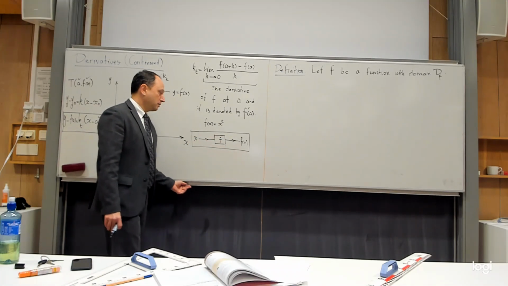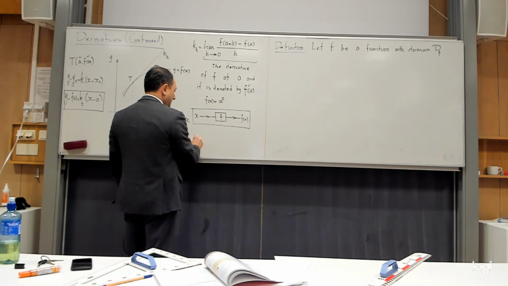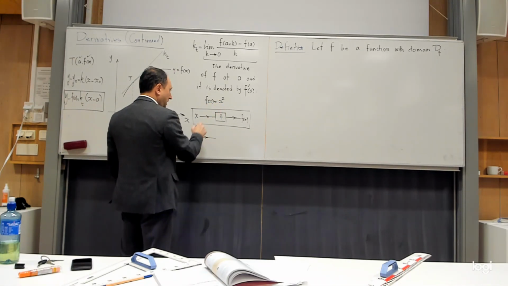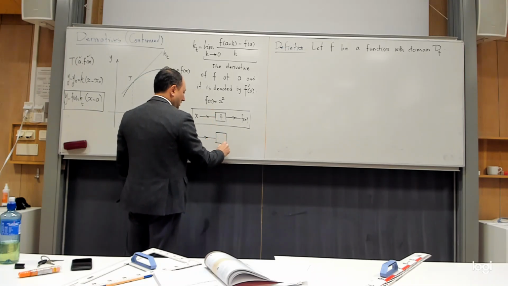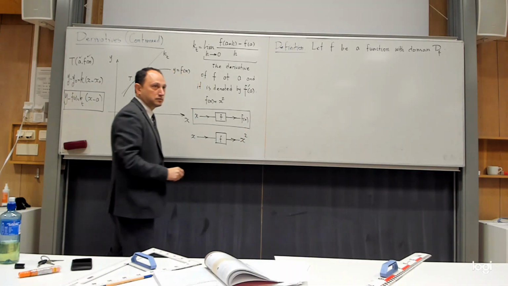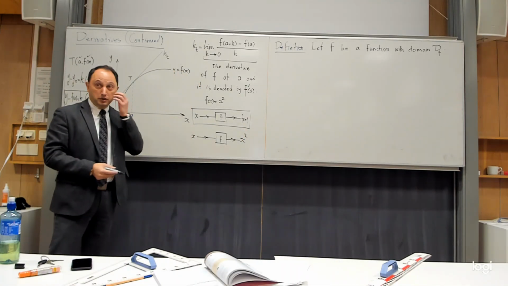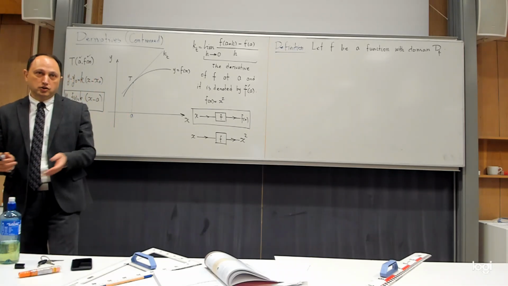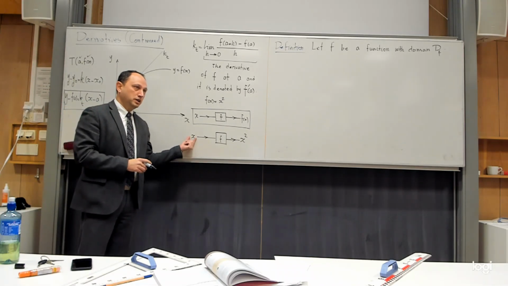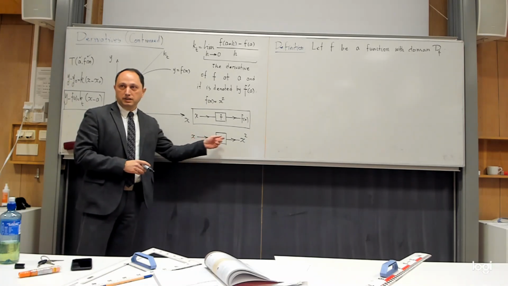So for example, if I have this function on the board, this tells me that I am sending x into this machine, and what it returns is x squared. Do I have any limitation for choosing this number? For this function, no. Whatever number I choose, f will be able to operate on it, and it will give you x squared.